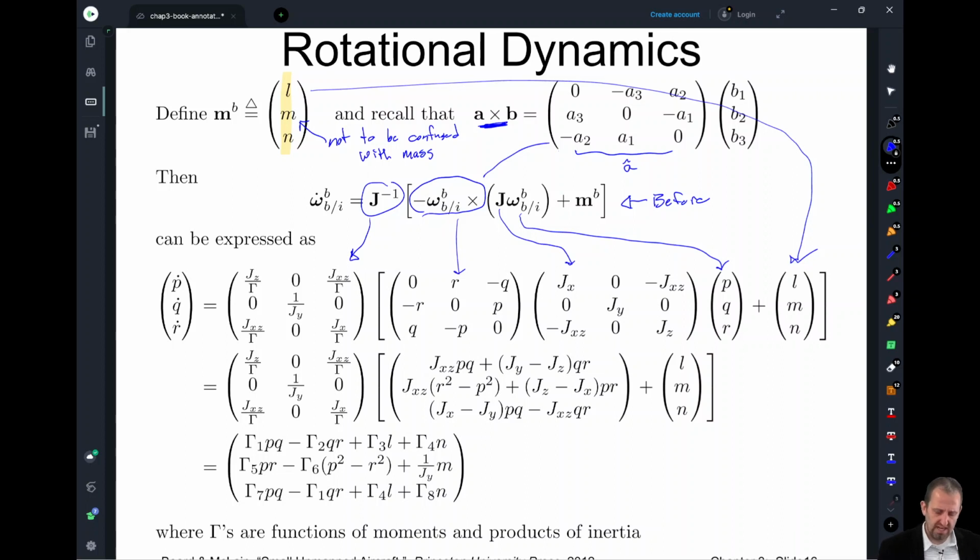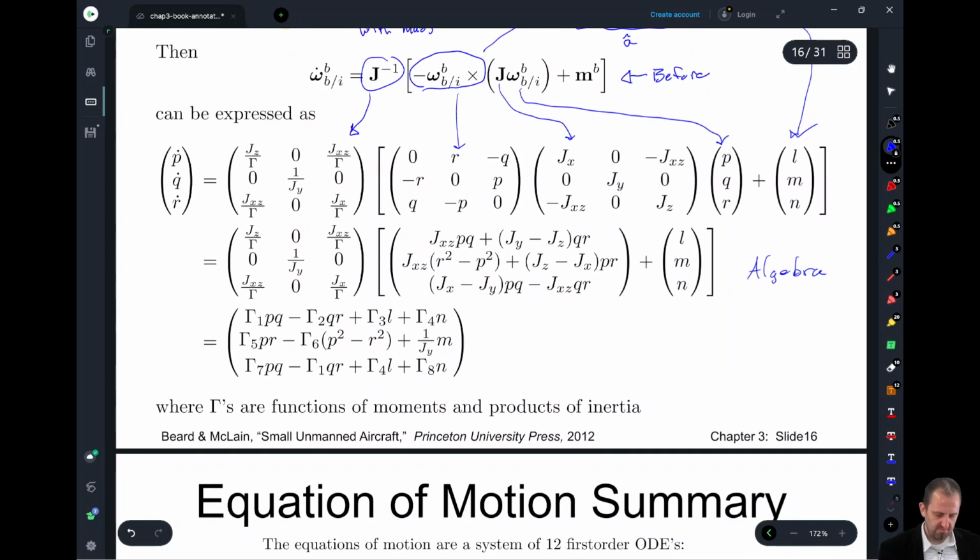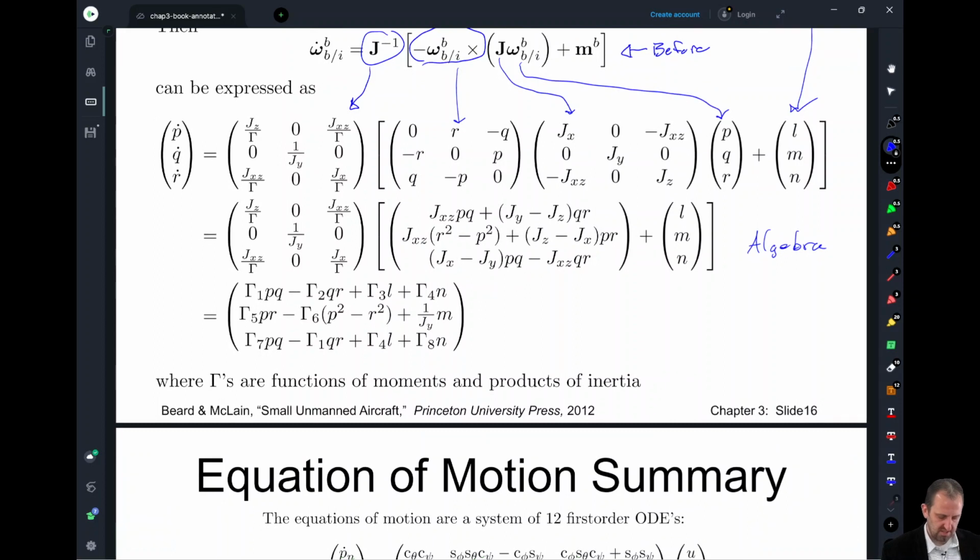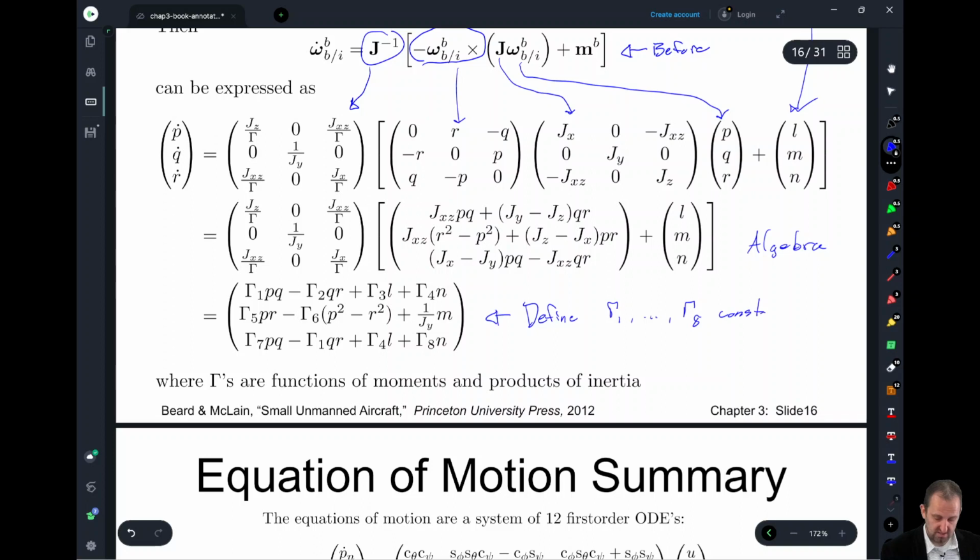The following two lines are just algebra, and in this one we define a bunch of constants, gamma 1 up to gamma 8. These are constants that we've defined on the next slide.